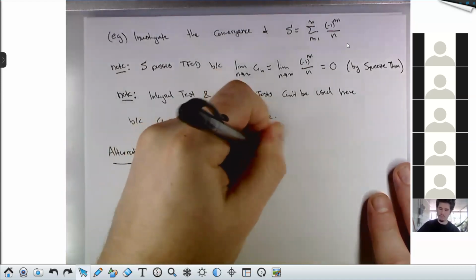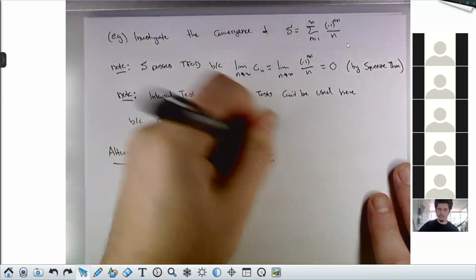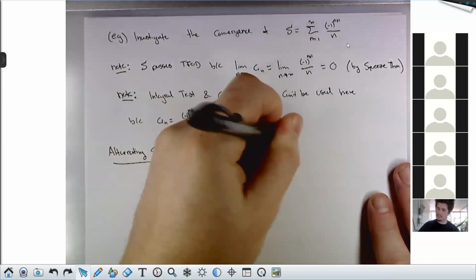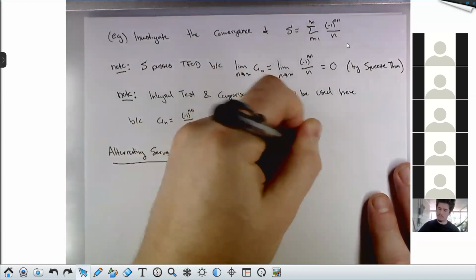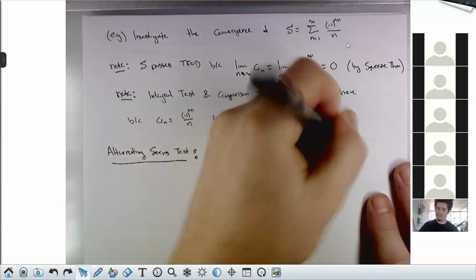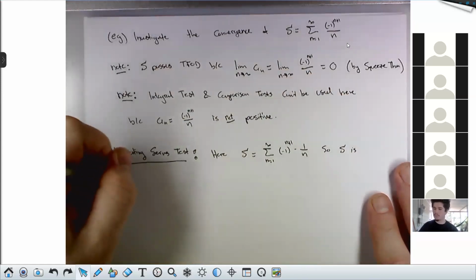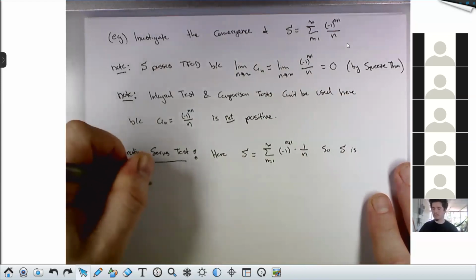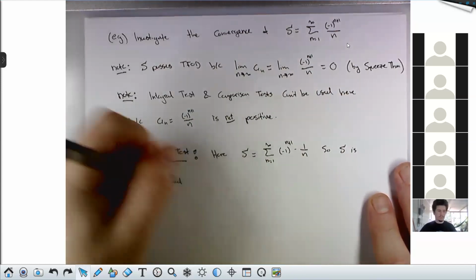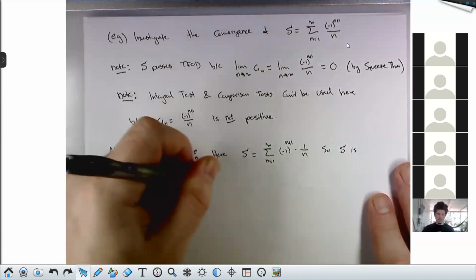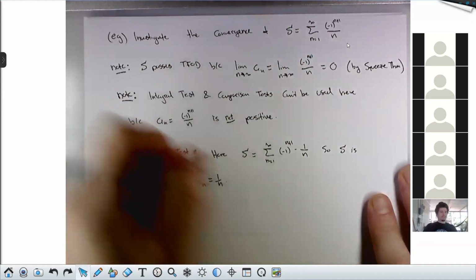S equals sigma n from 1 to infinity, -1 to the n plus 1 times 1 over n. So S is alternating, and the bn's here are just 1 over n.